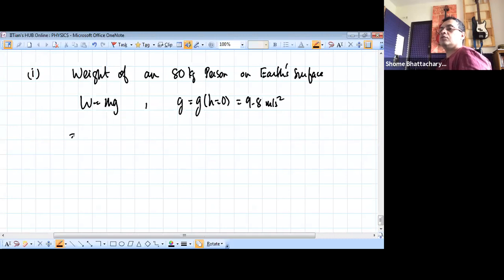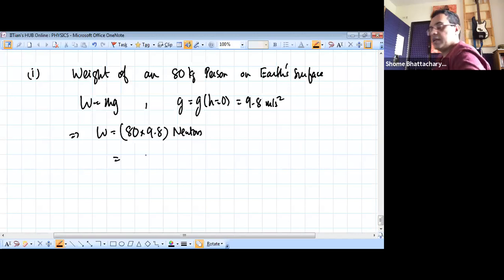So the weight will become 80 multiplied by 9.8, this much in newtons. That's 98 into 8, that's 800 minus 16, or 784 newtons.